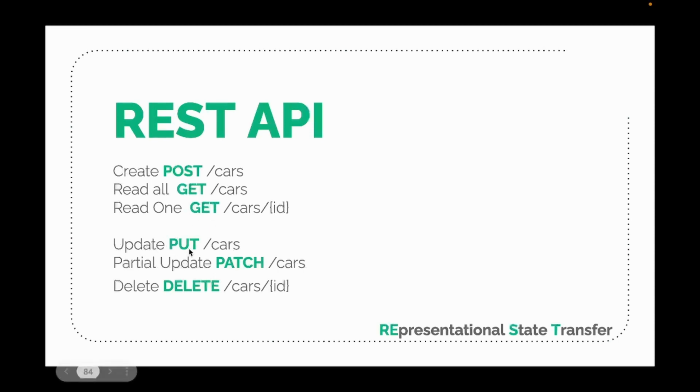If I want to update that car data, I will use put /cars. And if I want to partially update, maybe the color of the car, maybe the engine number, something which is a partial change, not a full object change, I will use patch for that. And finally, if you want to delete a resource, you will use the delete keyword.